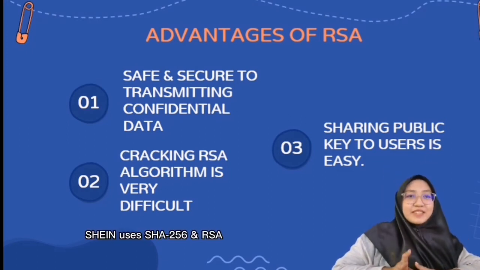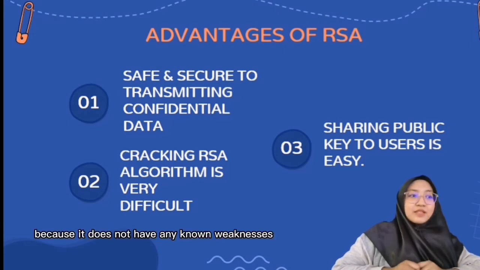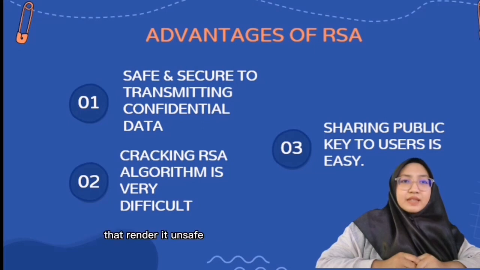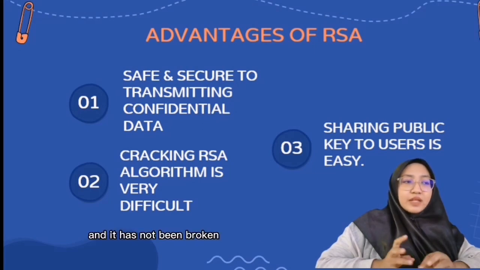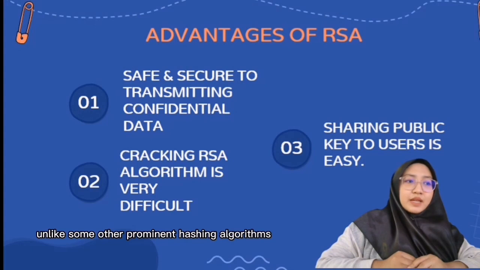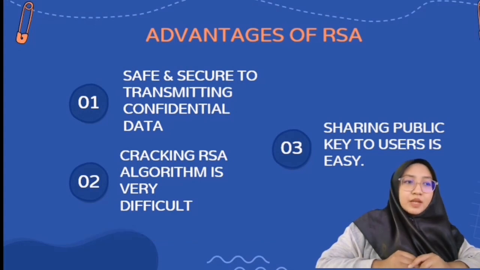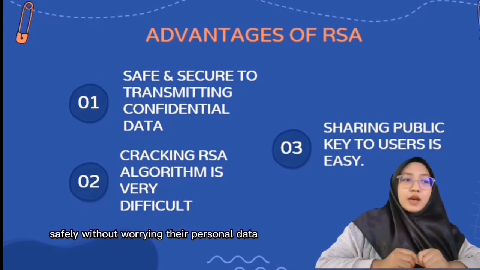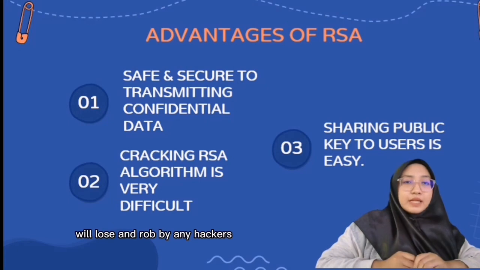They use SHA-256 and RSA because they do not have any known weaknesses that render them unsafe, and they have not been broken, unlike some other prominent hashing algorithms. With this, users can shop online safely without their personal data being lost or stolen by any hackers.